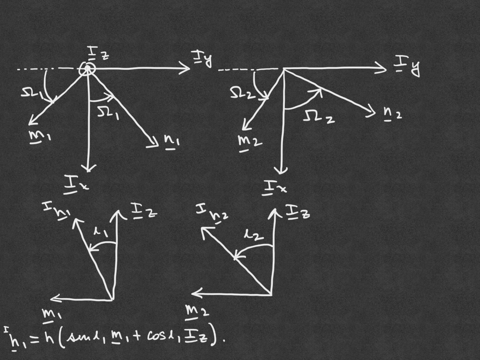Similarly, if we decompose h2I, we get h times the sine of I2 times m2 plus the cosine of I2 times IZ.